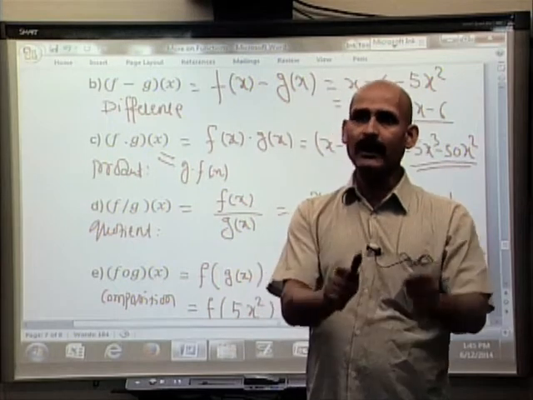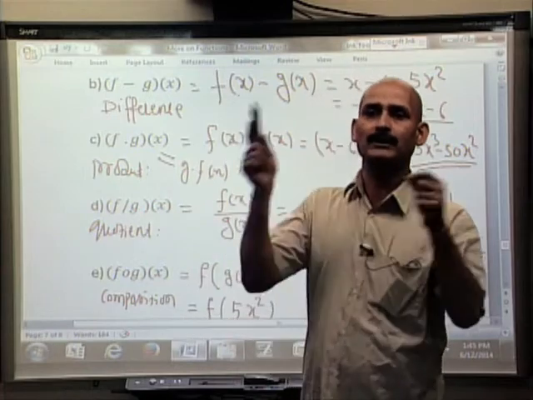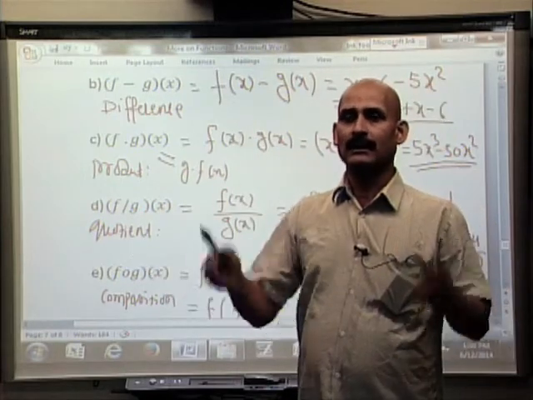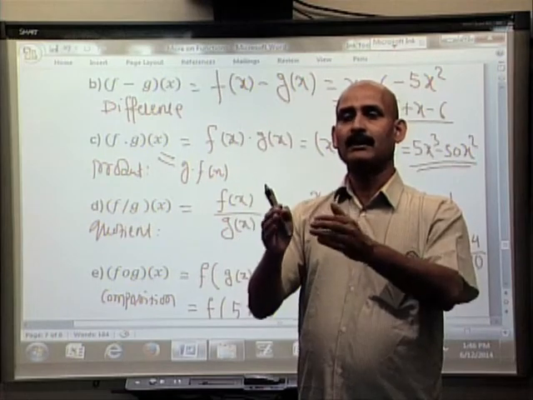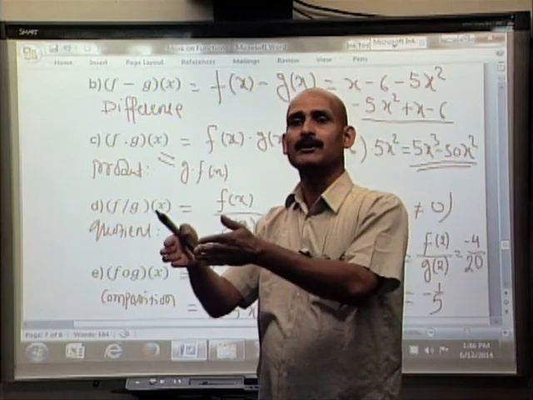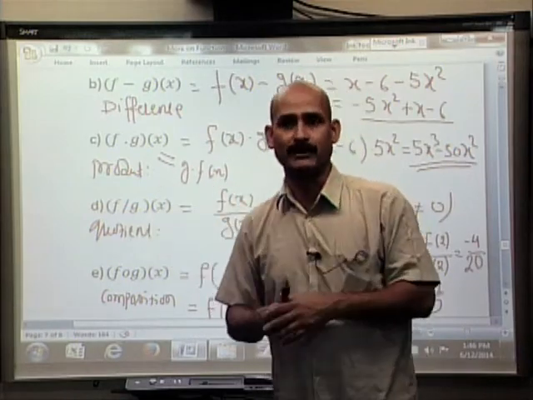Multiplying g of x with f of x is the same as multiplying f of x with g of x. When multiplying two numbers, it does not matter which number we keep in the first place and which in the second place. 5 times 3 is 15, 3 times 5 is also 15.